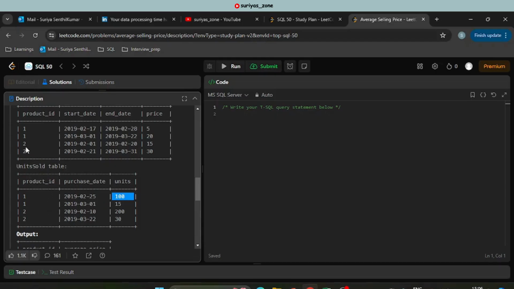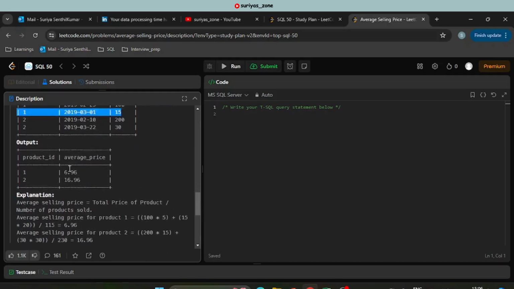Then for the second product, the price is 15, and at that time 200 products got sold, because that date lies between this particular date range, and it is common for the other rows as well, which I didn't mention.